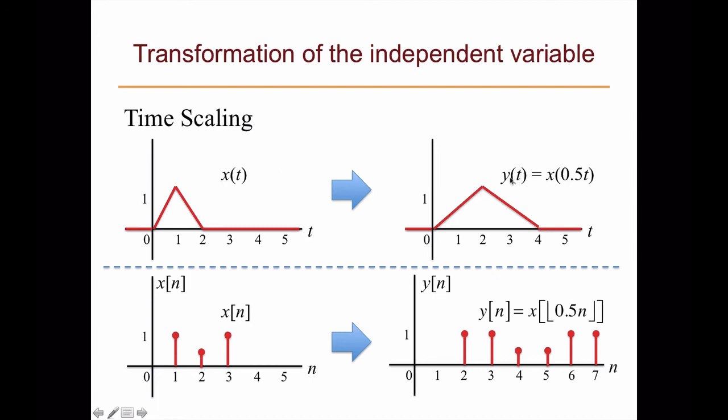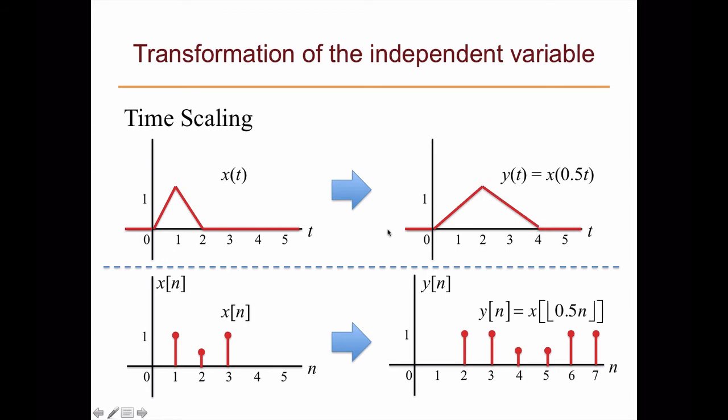For yt, when t equals 0, you get y0 equals x0. If t here equals 1, then you get y1 equals x 0.5, and if t equals 2, you get x1. That means y2 here at this point equals x1, which is the peak of the signal xt, and y4 will be x2, the point where the signal reaches 0.